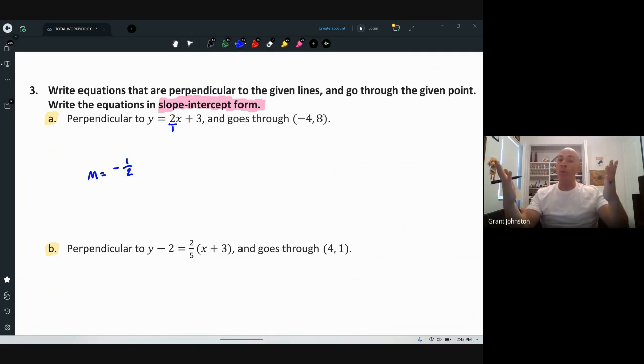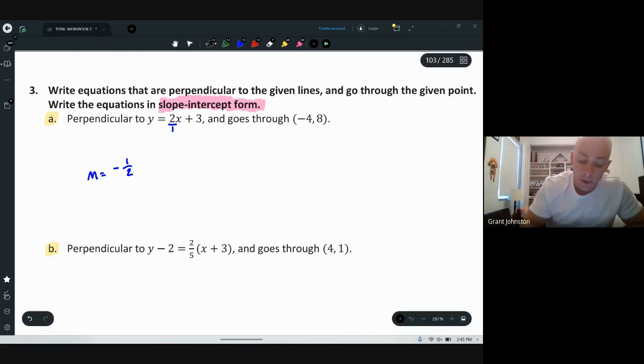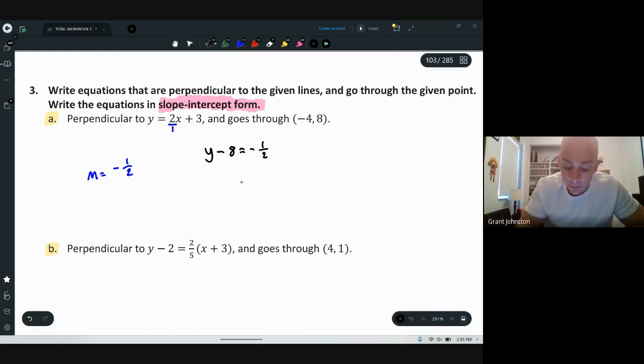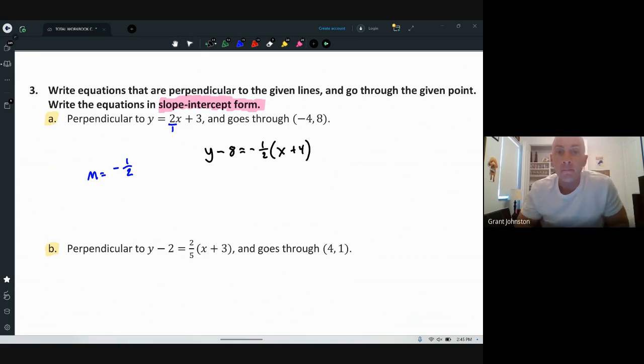Now, it wants it in slope-intercept form, but my strategy is to put it in point-slope form first, and then convert. So I'm going to write y minus 8 equals negative 1/2, the slope we determined, times (x plus 4). Now I'm going to convert it into slope-intercept form. I distribute the 1/2, so it's negative 1/2 x.